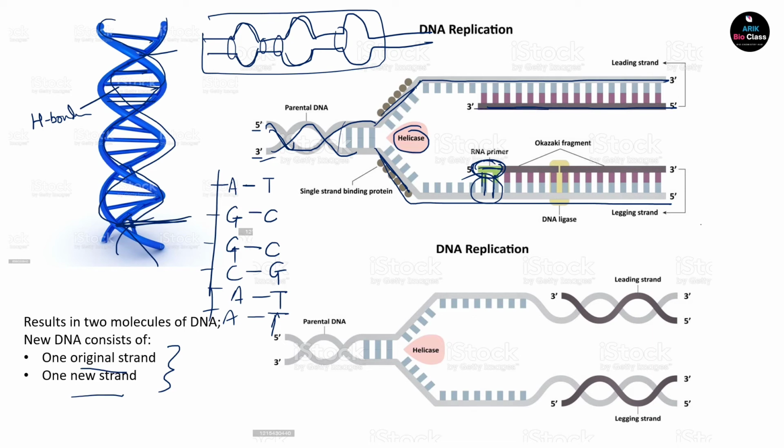They will form a structure like this. If you look at this, on one side this is your 3 to 5 strand, and this one is the 5 to 3 strand, right? Here the synthesis of DNA will be from 5 prime to 3 prime.